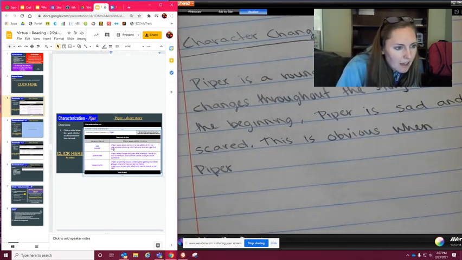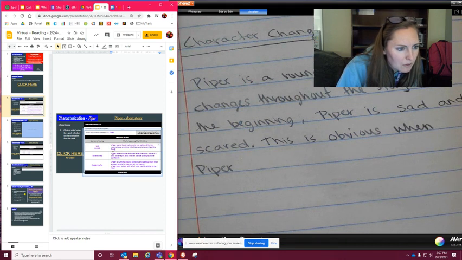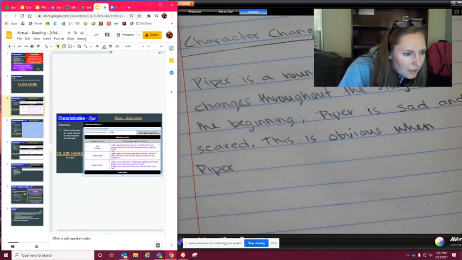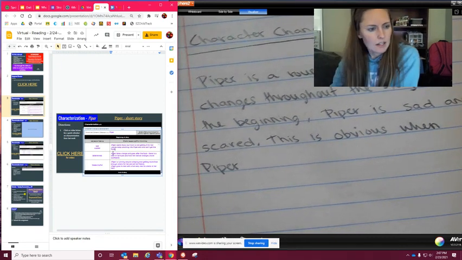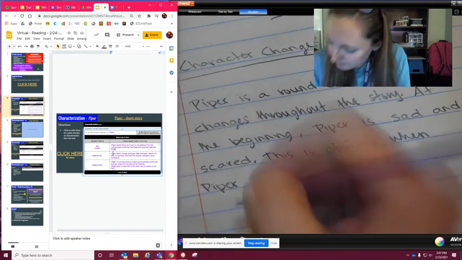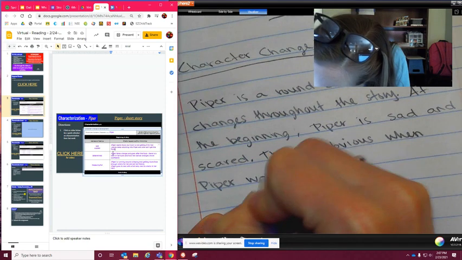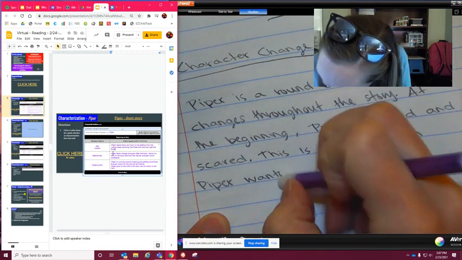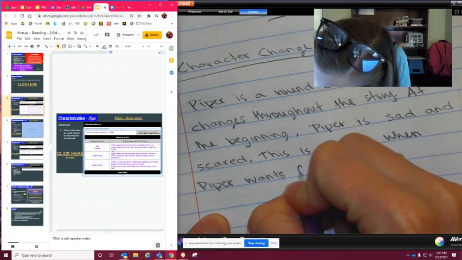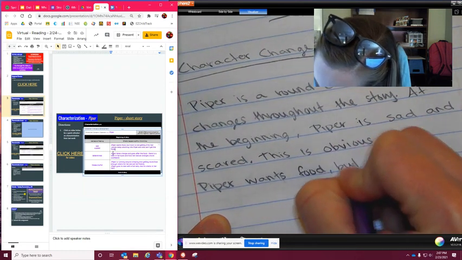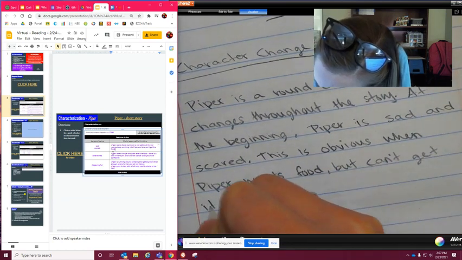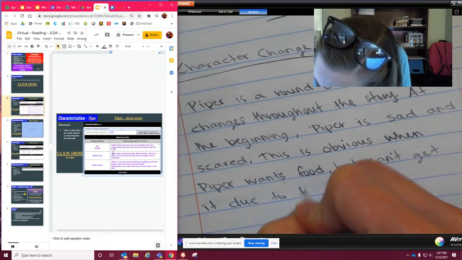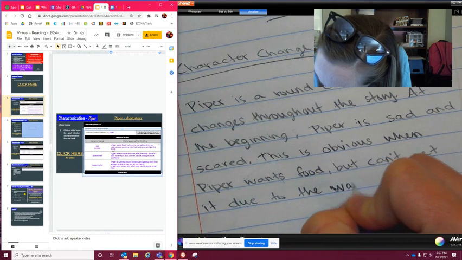So what we ended up writing last week was Piper wants food, but Mom is not giving it to her. Waves keep crashing into Piper and can't get food. All right. Okay, so let's say this. When Piper wants food, but can't get it due to the waves.